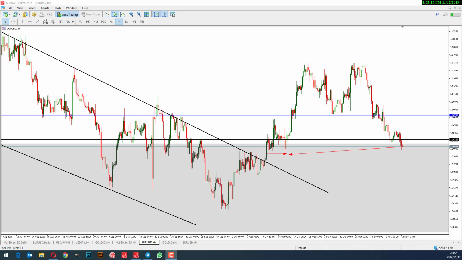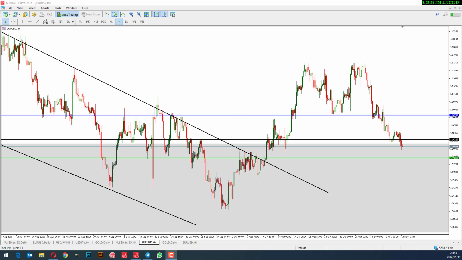And also, if we put our resistance line there, if we put our trend line here, where did price break and close above? There we go. So that's the 1.098.